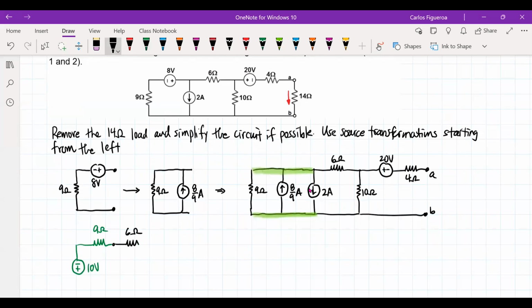And then if I continue moving to the right, that's my 10 ohm.